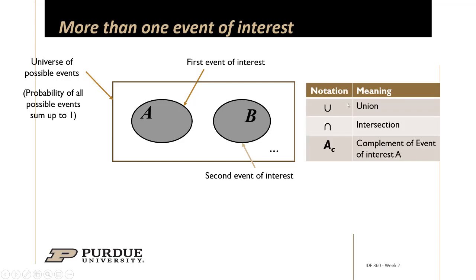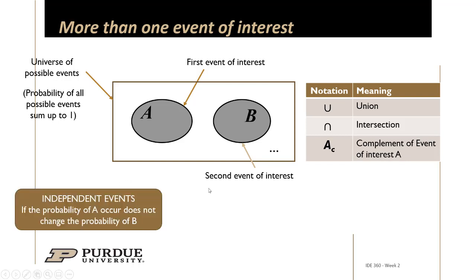And the notation that is important for you to remember is that this U means union. This inverted U is an intersection, and the lowercase c subindex is the complement of event of interest A. So the first characteristic that you need to be aware of is independency of events.